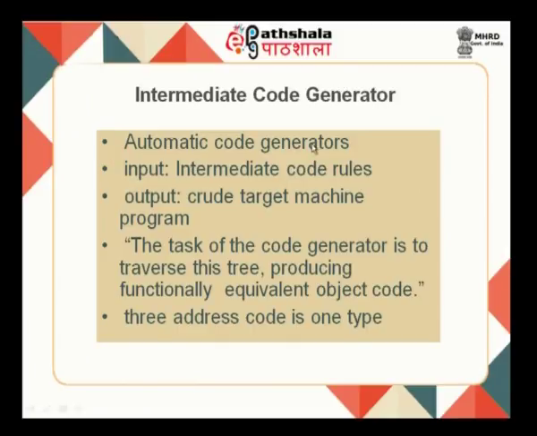automatic code generators. Now, this is very important because for code generators, we have so many algorithms, so many methodologies, because in code generation the primary problem is to get a register. As we know, if you put it in a register, it results in faster execution and reduced instruction cost.